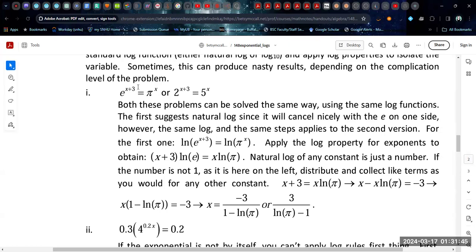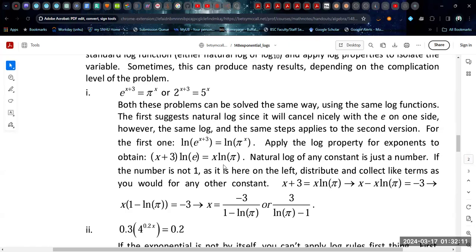So here we have e, and we take the natural log of both sides. The log of e is 1, and all we'll have left is the exponent x plus 3. In the case of log of pi to the x, we can apply log properties to bring the x outside, and we now have x times a constant. Log of pi isn't a nice number, but it is a constant.